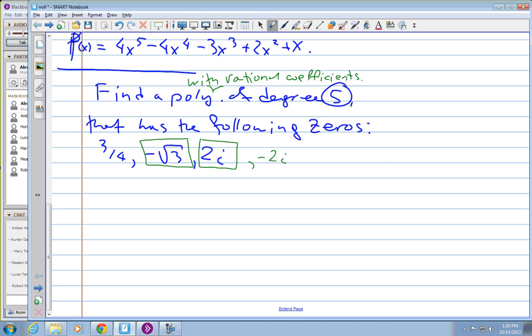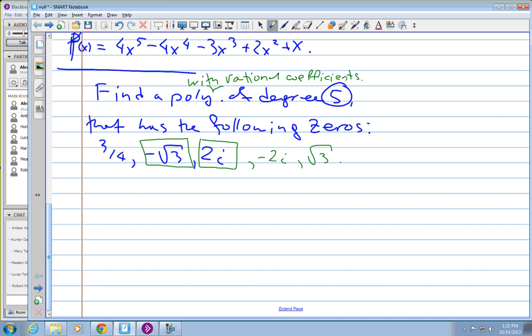So if your polynomial has rational coefficients, then if negative square root of 3 is a zero, then its conjugate also has to be a zero. So positive square root of 3 has to be a zero of that polynomial. Otherwise, you will end up with the square roots in the coefficients. Okay? All right, well, now we have all 5 zeros.